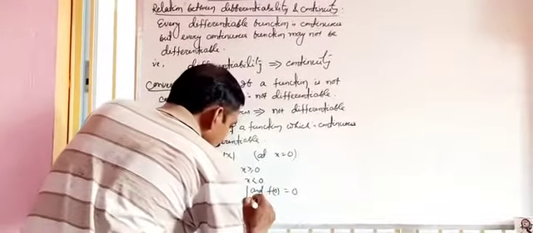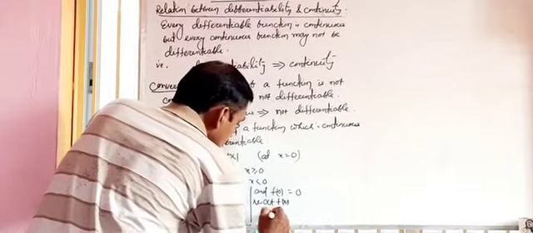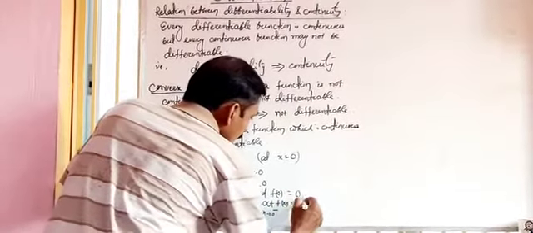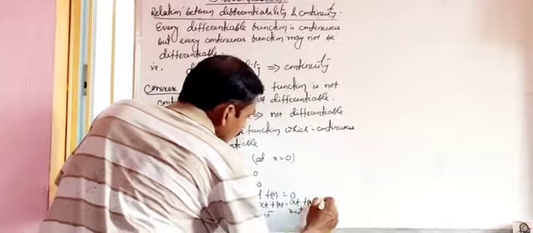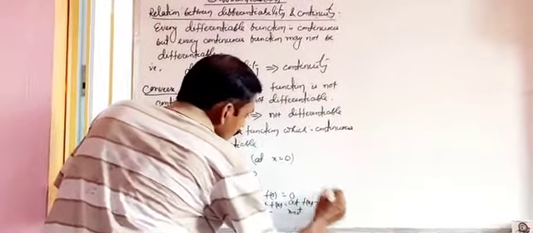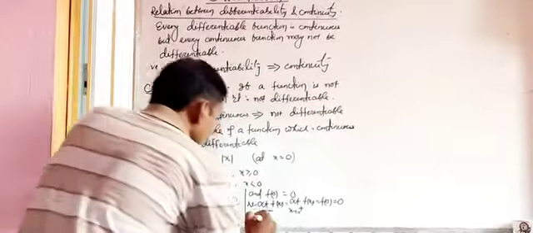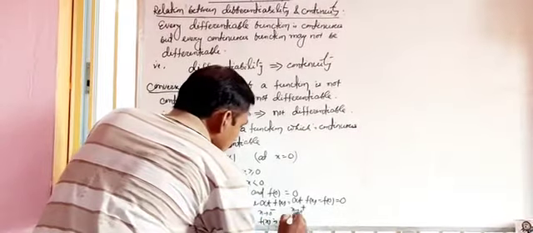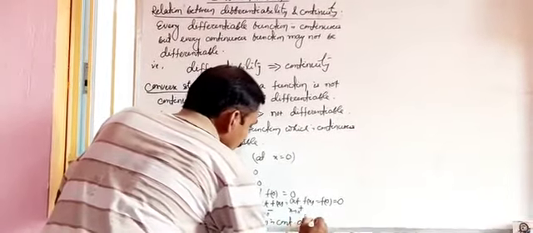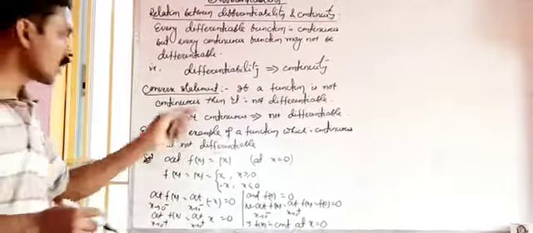So limit of f of x as x tends to 0 minus equals limit of f of x as x tends to 0 plus equals f of 0; all are 0, left hand limit, right hand limit and value. So this implies f of x is continuous at x equal to 0. We have proved it is continuous.